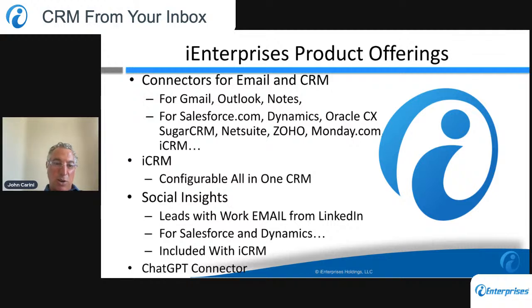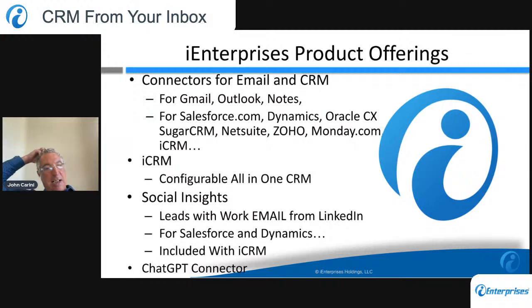We also have our own CRM product in addition to these connectors. It's a configurable all-in-one CRM, and it includes the connectors for email, CRM, and ChatGPT as well. So iCRM comes with everything at one price. iCRM also includes another product called Social Insights, which lets you go to any LinkedIn profile and save them as a lead.